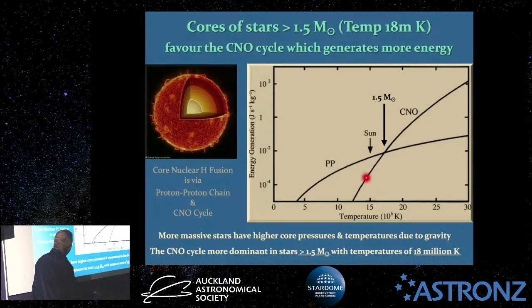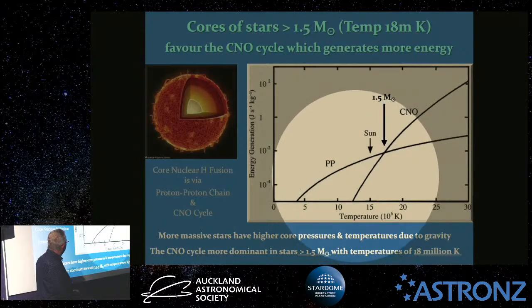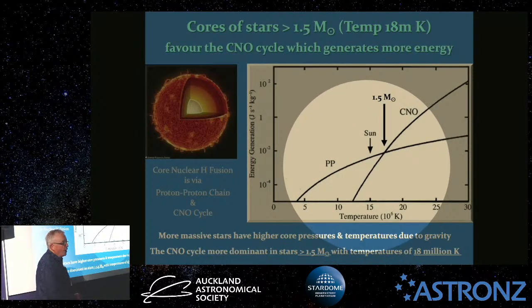So on this graph, along the bottom you've got temperatures of stars, and I've drawn a line here at 1.5, and that equates to about 18 million degrees. Up to about 18 million degrees, in other words any star less than about 1.5 solar masses, the proton-proton chain is the predominant method of burning hydrogen to helium at the core.